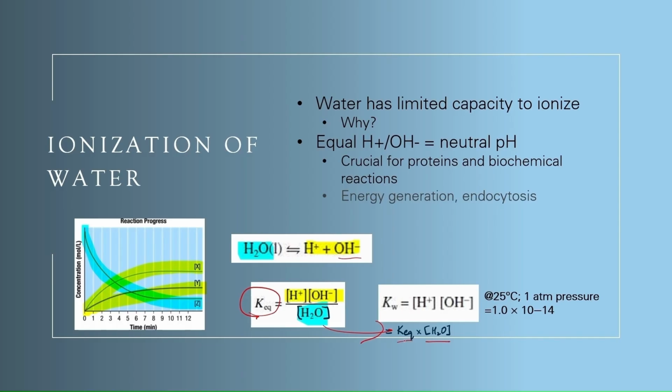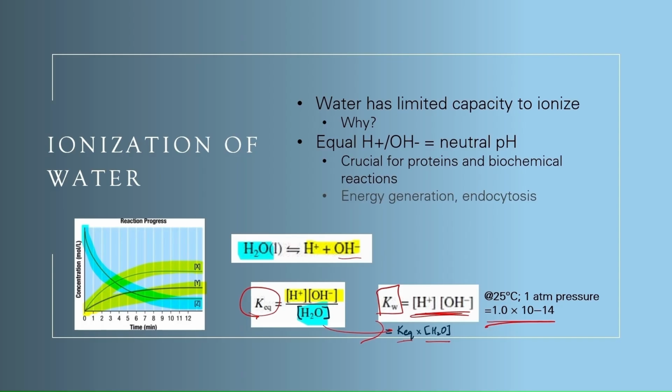The ion product of water is what we call Kw, okay? And what does this mean? It's literally just the product of the concentrations of the ions. So it tells you how many ions you find in that beaker, and that comes to the value of 1 into 10 raised to minus 14.